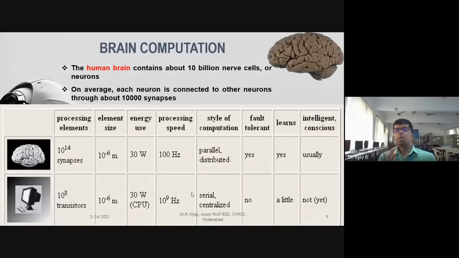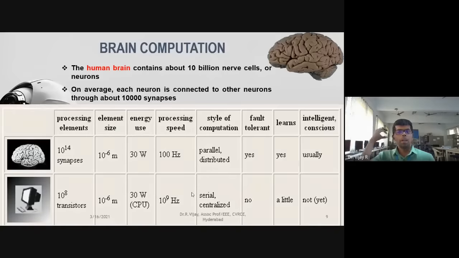The human brain contains 10 billion nerve cells, which are neurons. You can easily see this in YouTube videos, in Nat Geo videos. On average, each neuron is connected to other neurons. If even one neuron is damaged in your brain, you will lose some memory.